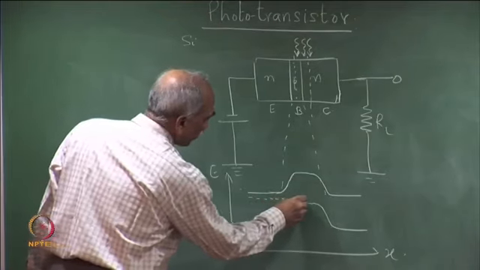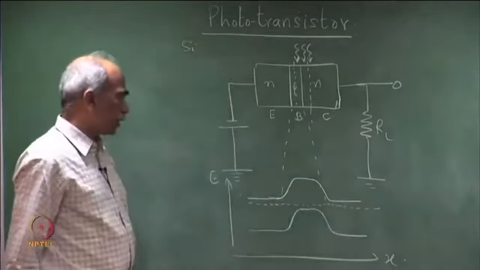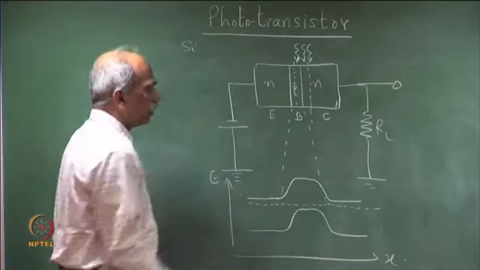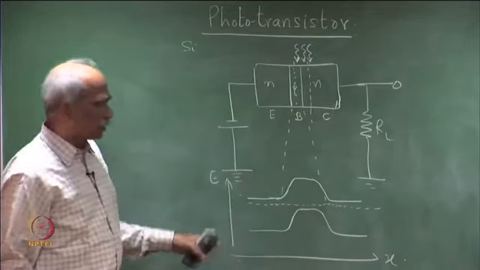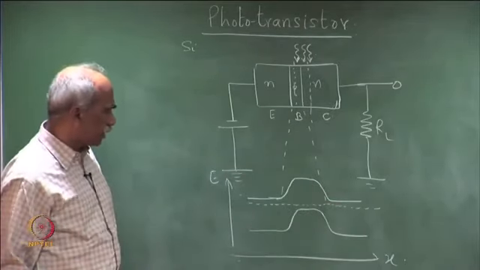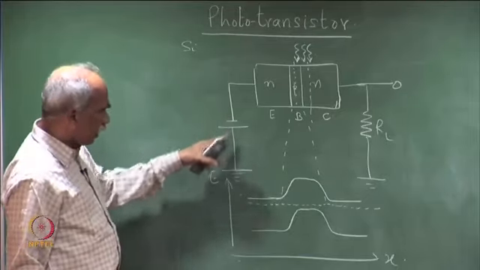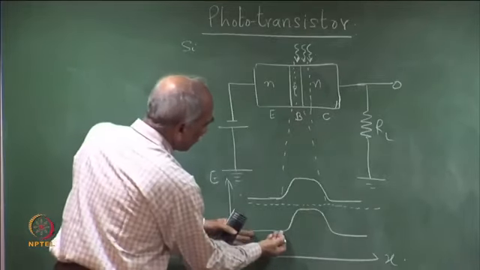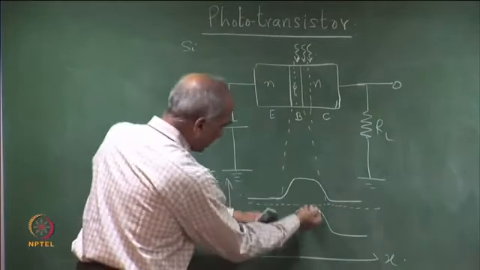Before you applied any bias, the Fermi level is constant all around, and there is a steady state. The carrier flux travelling in this direction is equal to the carrier flux travelling in the opposite direction, so there is no net current. But when you bias here, this is forward biasing this end, so this end moves up, or this end comes down.